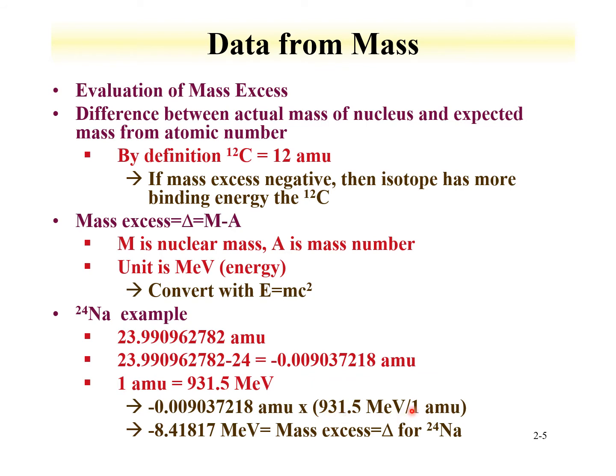So this is a value that we could use for equations, and it's a way of quantifying how changes in this atomic mass unit can be used to help us understand reactions. Right now all we've done is define this mass excess term, which is the atomic mass unit minus the A of that isotope.